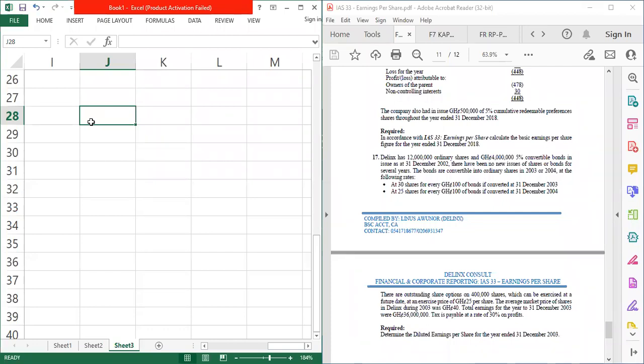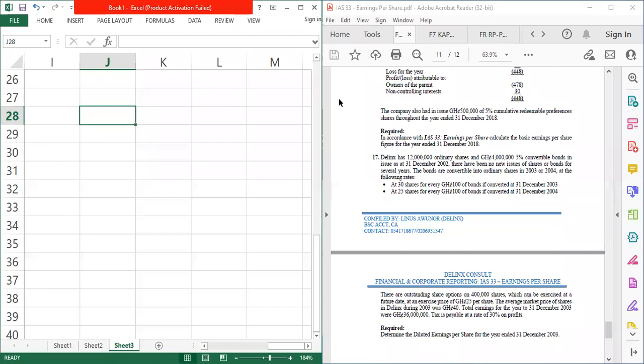The following are outstanding share options on 400,000 shares, which can be exercised at a future date at an exercise price of 25 cedis per share. The average market price of shares in the Lynx during 2003 was 40 cedis.